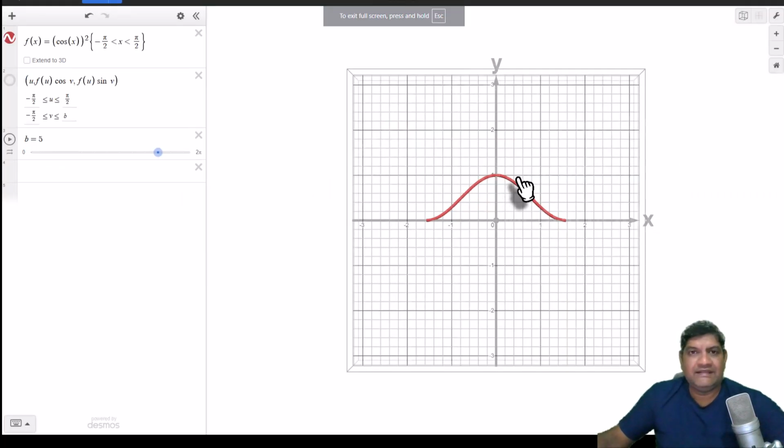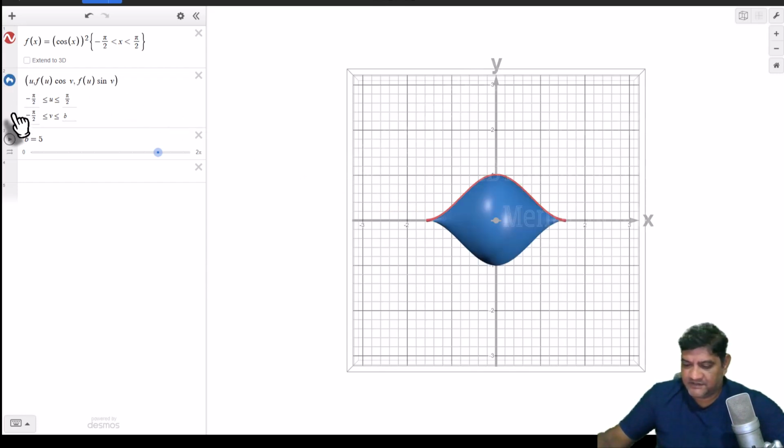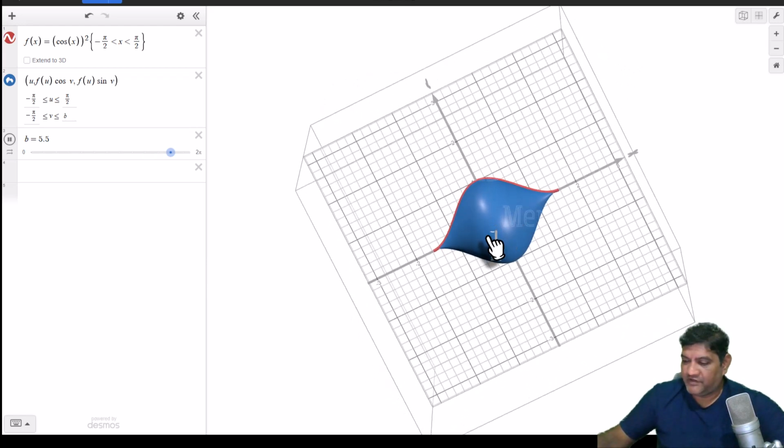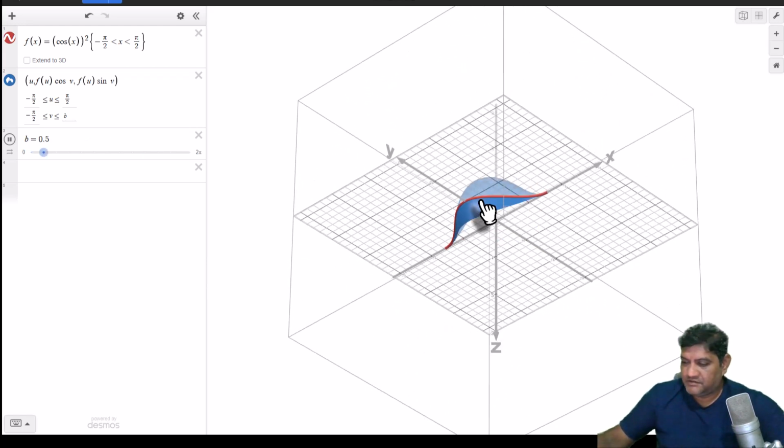So here you can see that I have plotted that function on Desmos, and this is your cos square of x, right? And when that particular function is being rotated along the x-axis by 2 pi, then what you get is this kind of a shape, right? And that's the volume we are trying to find out, not the area.